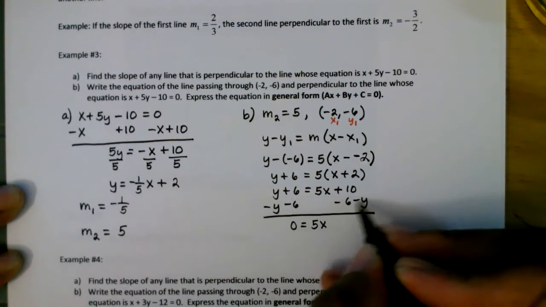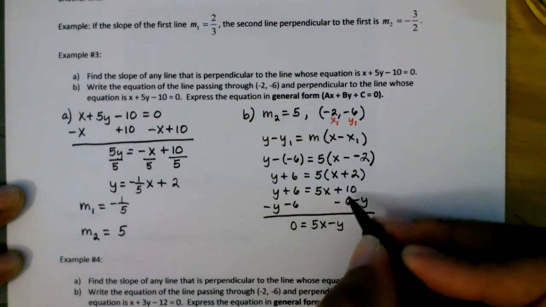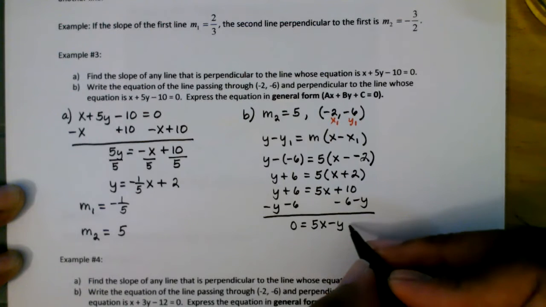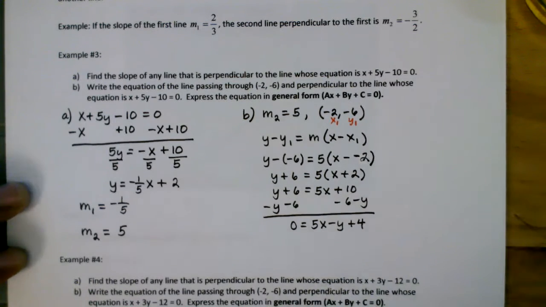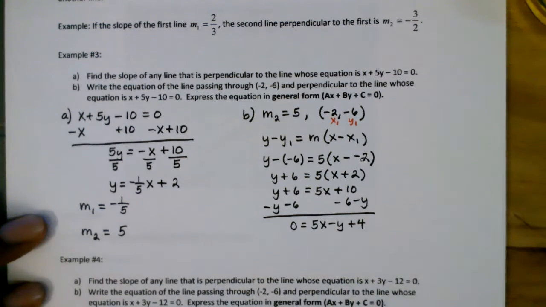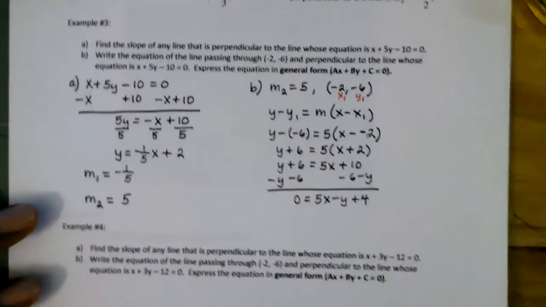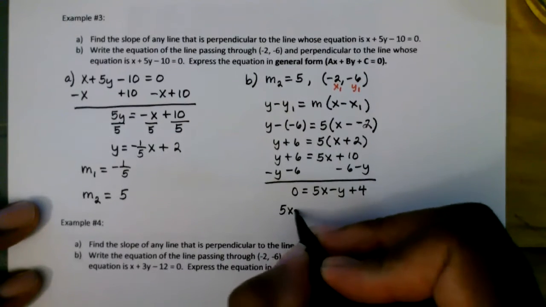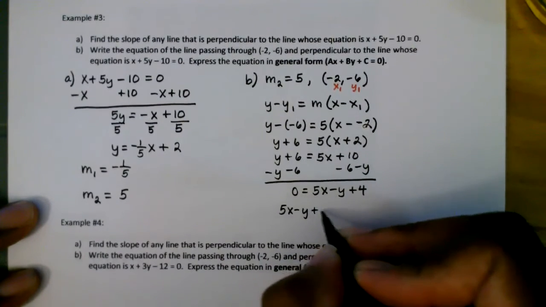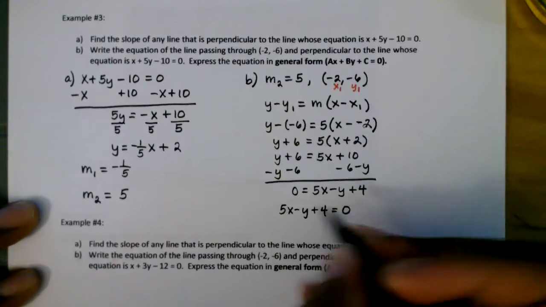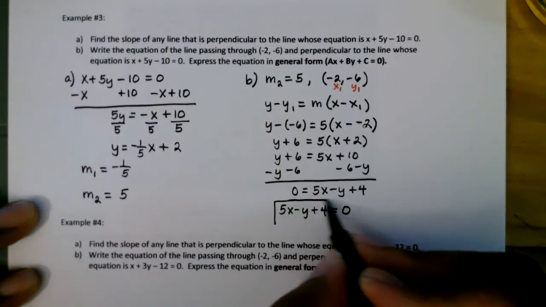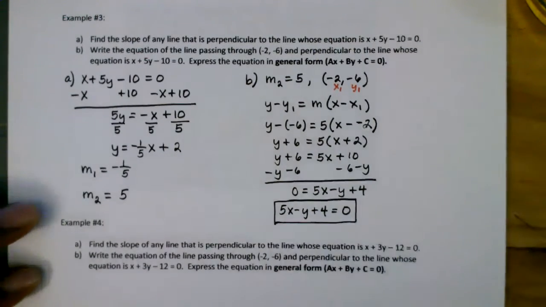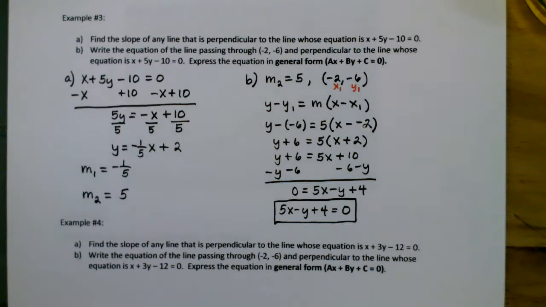On the other side, I'm going to put the minus y in front and then do 10 minus 6, that'd be plus 4. So this will be 0 is equal to 5x minus y plus 4. But the best way to write it would be this: 5x minus y plus 4 is equal to 0. That's the best way to write it. So this is your equation written in general form.